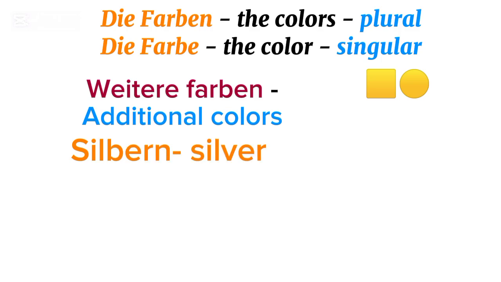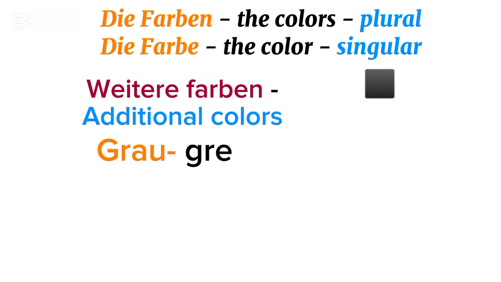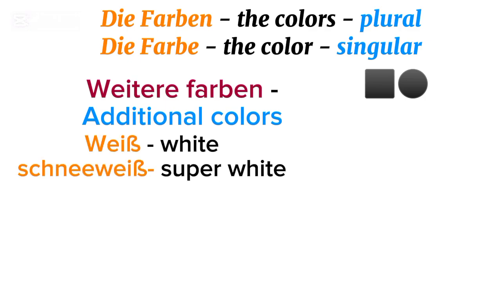Then we have grau. This is gray. Then we have the most obvious one, which is schwarz, okay? Schwarz is black color. And if it is super black, pure black, you can call it pechschwarz. This means super black.